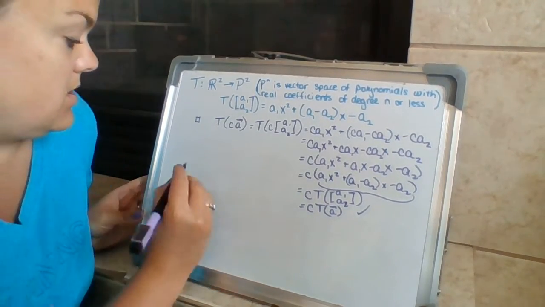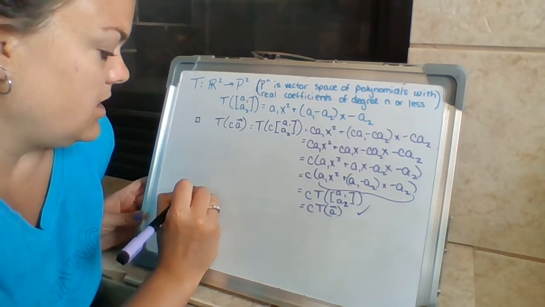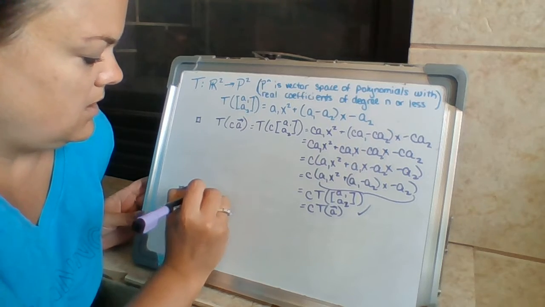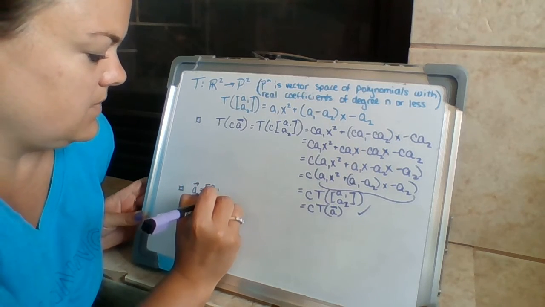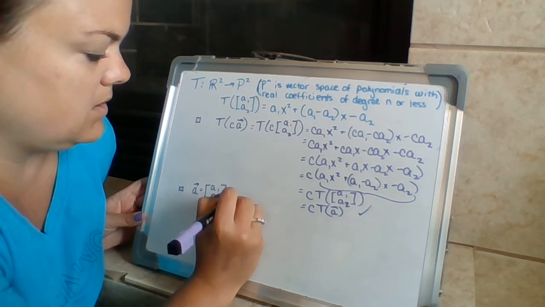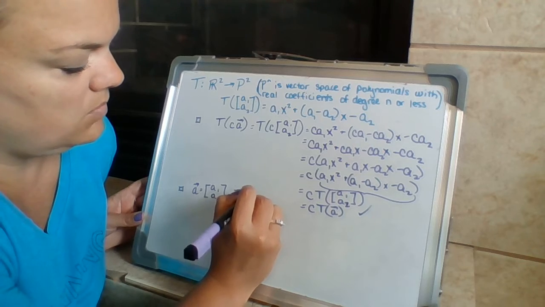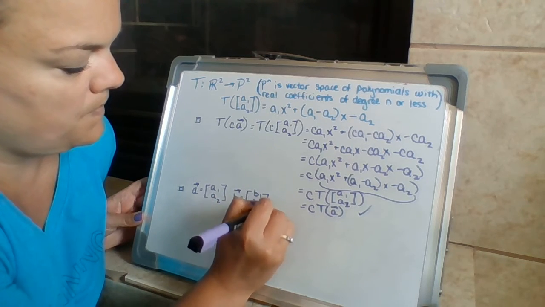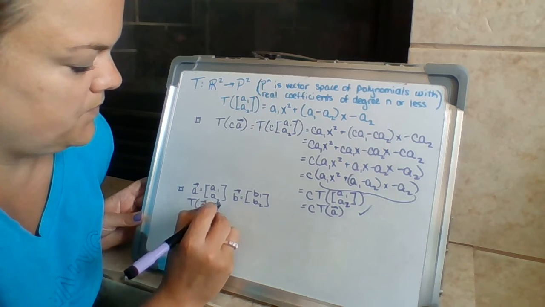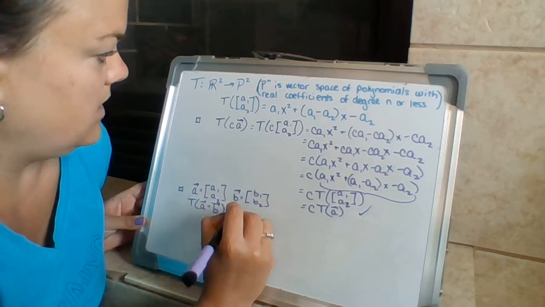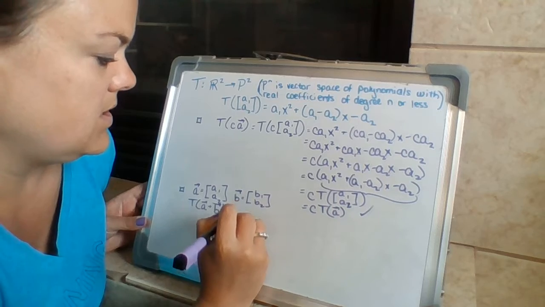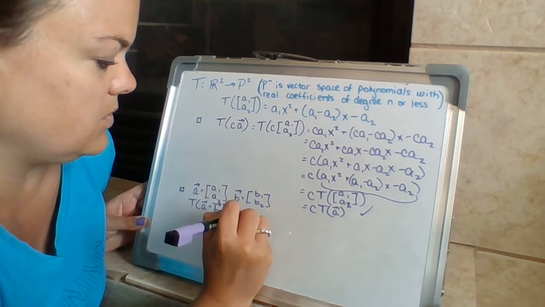Now we have to check that we also hold under vector addition. I'm going to let A be a1, a2 like we've been doing, and I'm going to let B be b1, b2. So I'm going to take the transformation of A plus B. Every time I have an a1, I'm going to add it to a b1, and every time I have an a2, I'm going to add it to a b2.